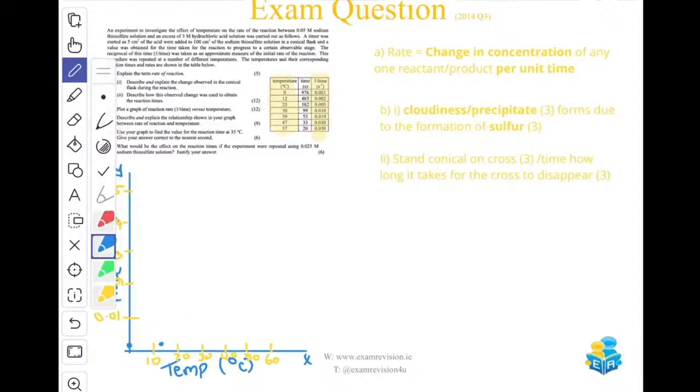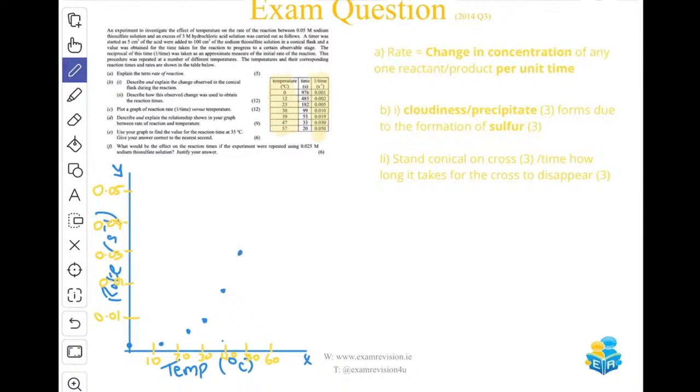Next, at 30 degrees, it's 0.01, so now we're starting to get into the units that we have on our axis, which is good. Next is 39 degrees, and 39 degrees is 0.019, so that's up here. Next we have 47 degrees, and 47 degrees is at 0.003, which is up here. And then we have 57 degrees, which is up at 0.005.